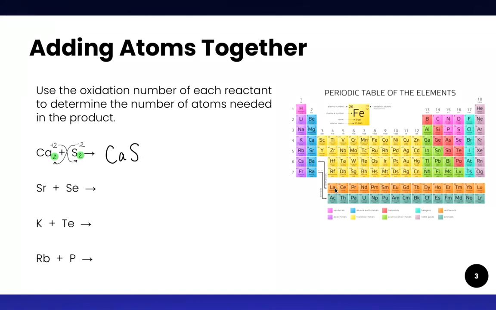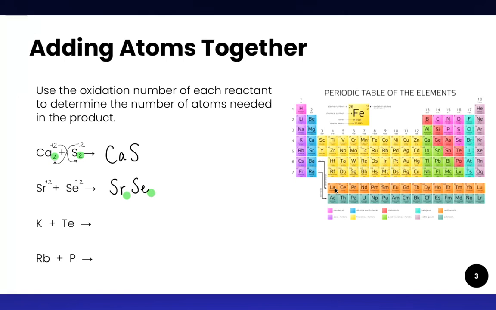Next we have strontium and selenium. We need to figure out how many of each will make a neutral molecule. Strontium has a charge of +2. Selenium has a charge of -2.